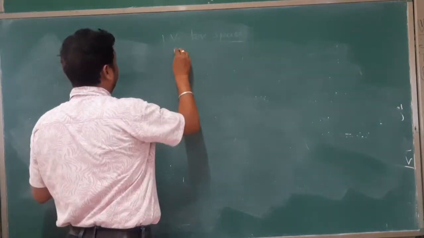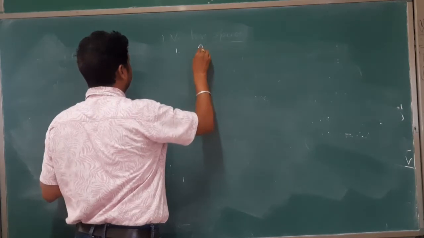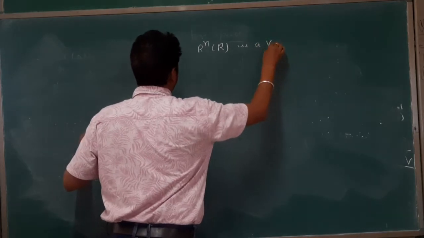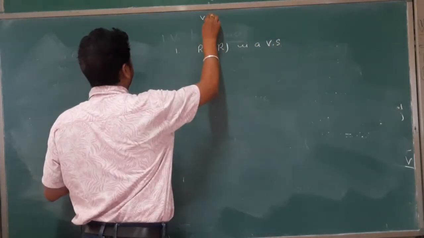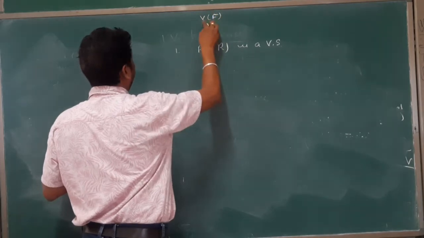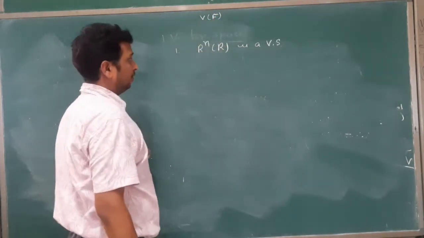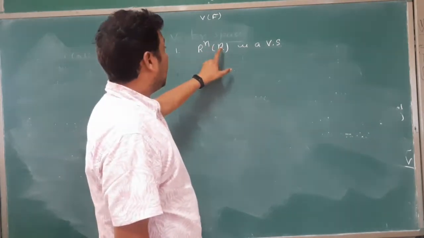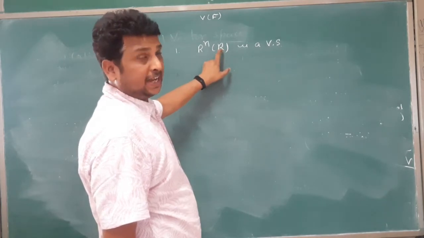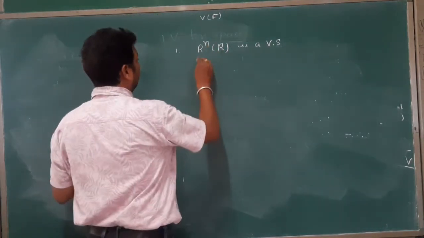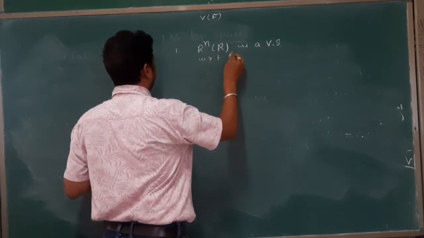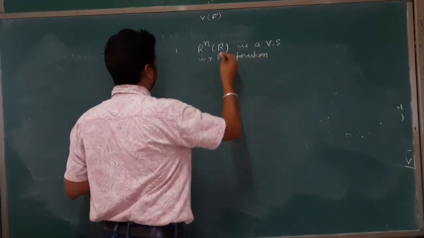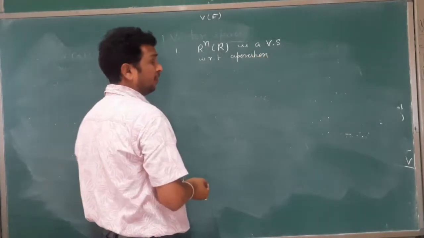So the first example which comes to mind: R^n over R is a vector space. Here V over F means V is a vector space over the field F. So R^n forms a vector space over R, meaning R is the field from where scalars come and R^n is the set of vectors with respect to the operations. How are the operations defined? How is plus defined?